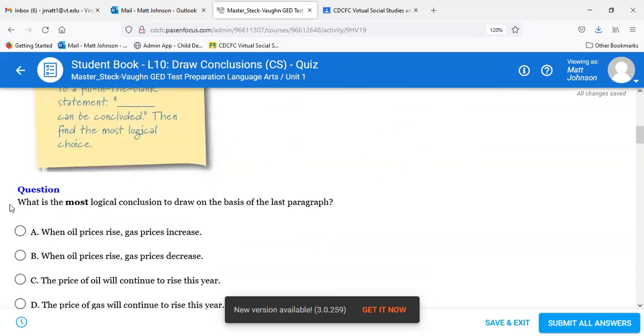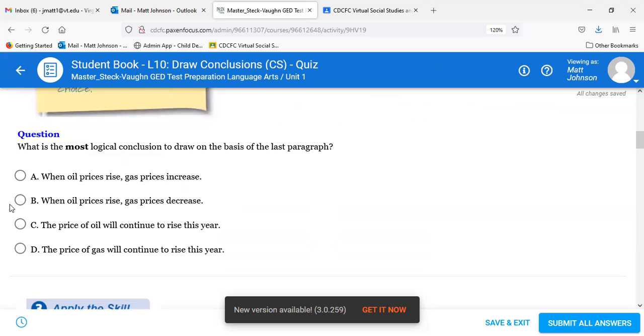That'll help. And then finally, our first question here on the quiz: what's the most logical conclusion to draw on the basis of the last paragraph? A, yeah, when oil prices rise, gas prices increase, right? That's the whole meaning of the last paragraph, right?